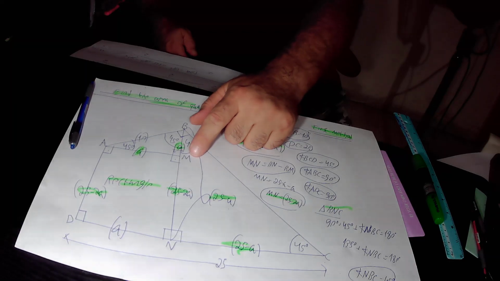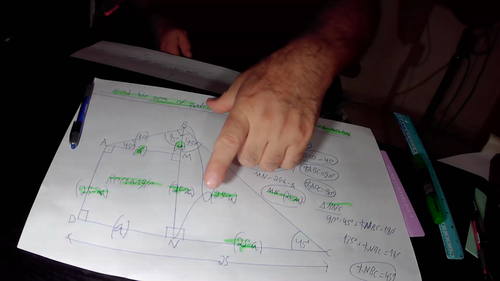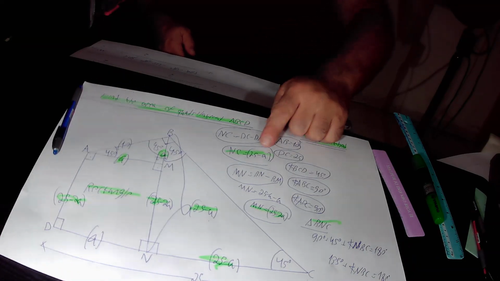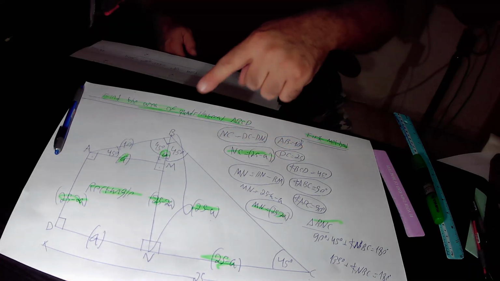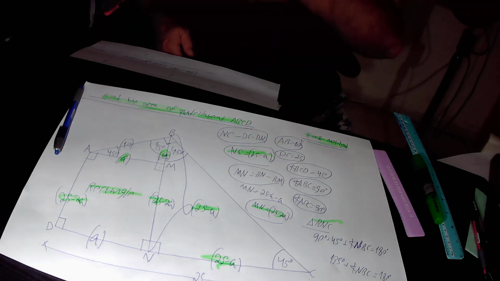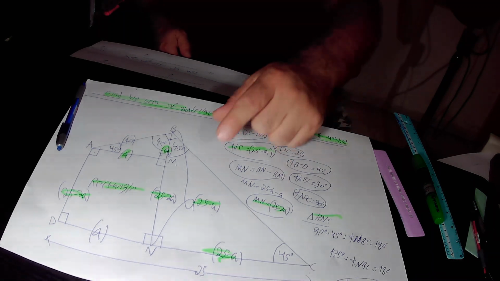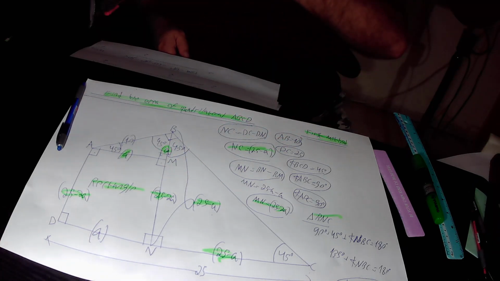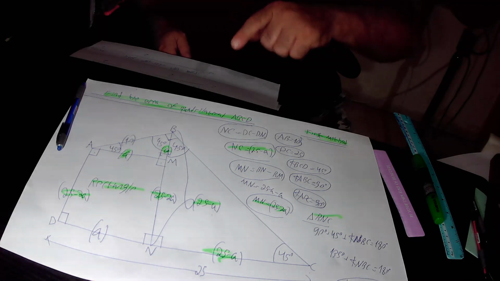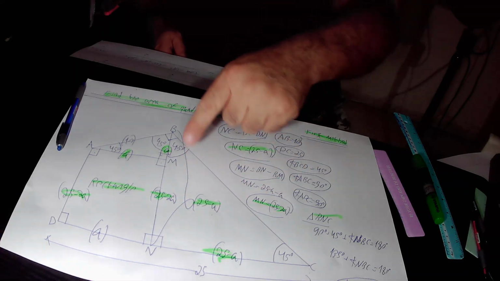We already found out that MB equals A. So what is the length of MN? MN equals BN minus BM.